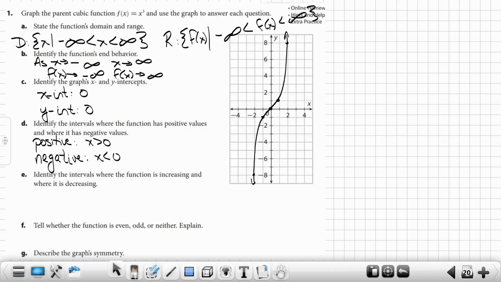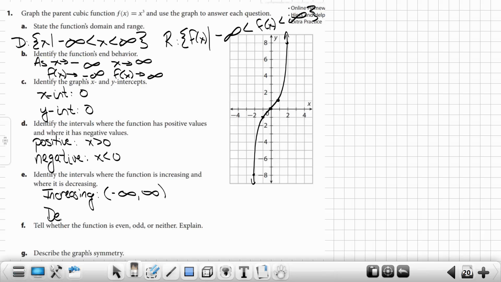The entire time that I'm moving, I'm going up. So this function is always increasing. I'm going to do this one in interval notation: increasing from negative infinity all the way to infinity.